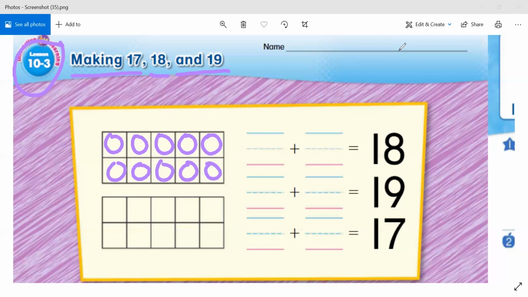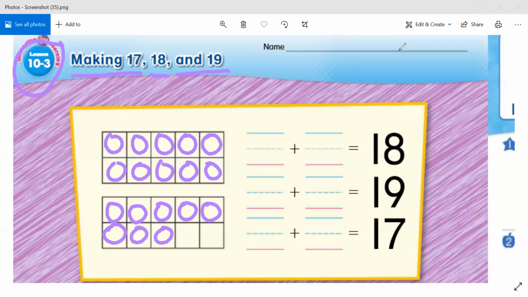All right, so I have to add some more counters on another 10 frame. How many counters shall I add? I would add 8. 1, 2, 3, 4, 5, 6, 7, 8. All right, so I had 10.